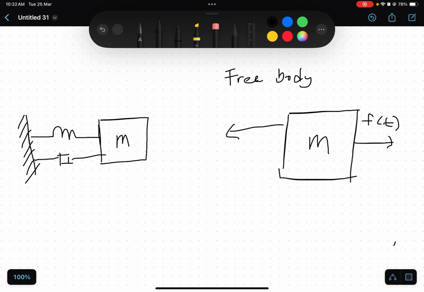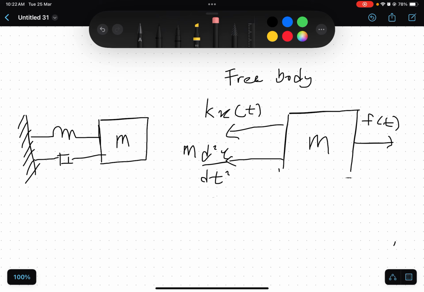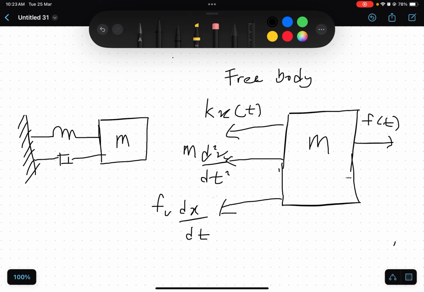One is the pulling effect from the spring, which is kx(t), and then we also have the effect of the mass inertia, which is m d squared x over dt squared, and lastly we have the effect of the viscous damper, giving you fv dx/dt.